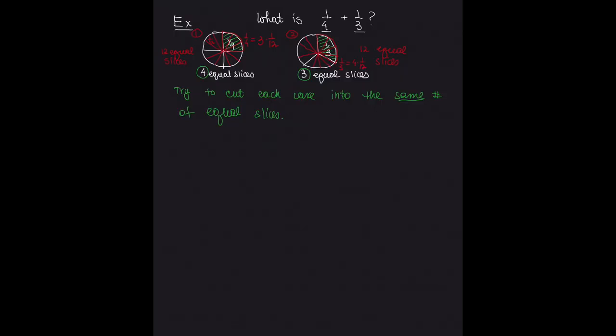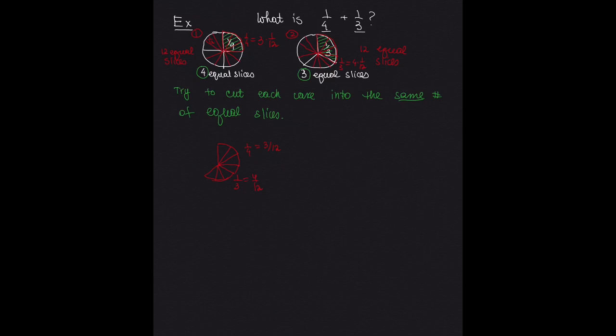And so now it's clear that if we would put these 2 slices together, so if I would take 1/4 of a cake, which is 3/12 of a cake, and if right next to it I would put 1/3 of a cake, which is 4/12 of a cake, I'm going to get how many 12ths of a cake?